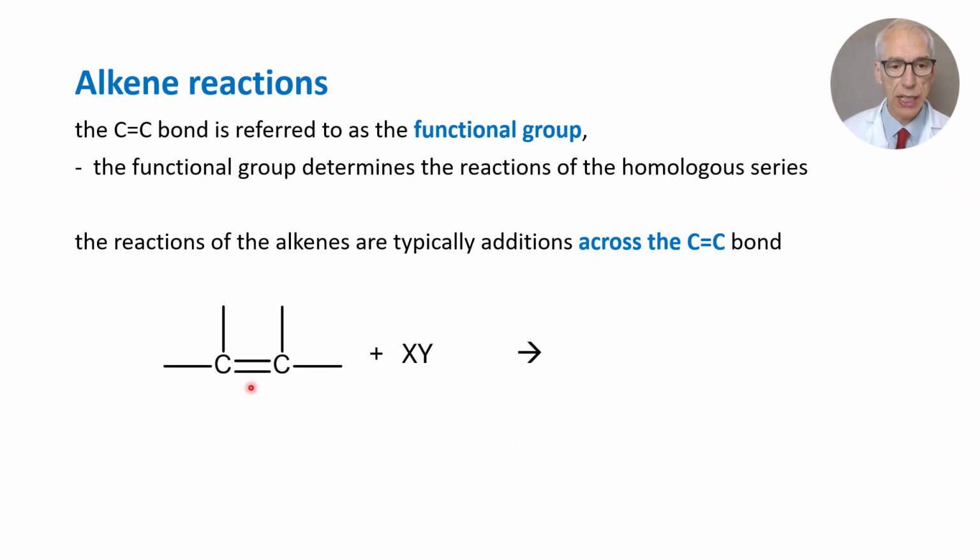So if we look here at a structure that represents the alkene functional group, we've got carbon double bond carbon and another molecule XY containing 2 atoms or 2 groups. You'll see that X adds to one of the carbons and Y adds to the other. We say there is addition across the carbon-carbon double bond.